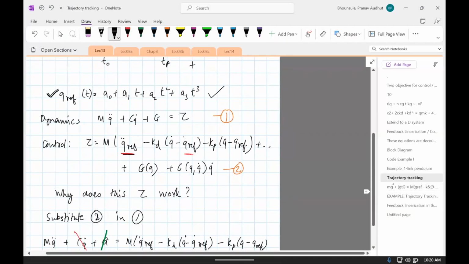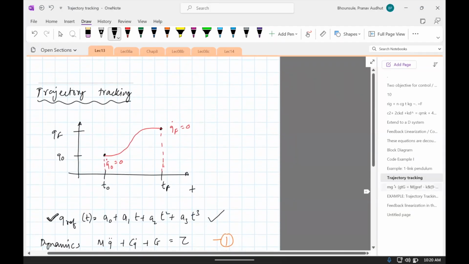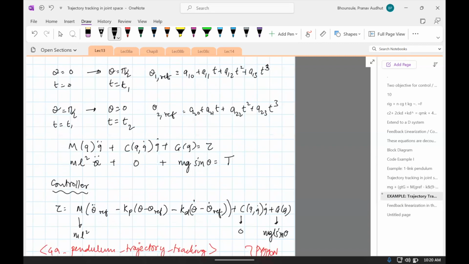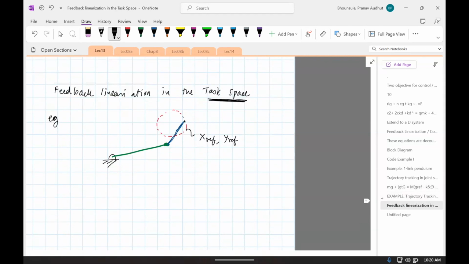So this was trajectory tracking in joint space. Because here we're directly controlling the angles, versus here we're controlling the angles indirectly. We're first trying to get the angles. Well, we want the end effector to follow something in Cartesian space, and then we use that information to figure out how to control the joints.